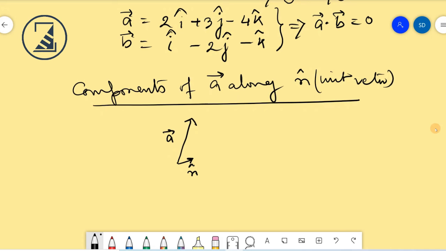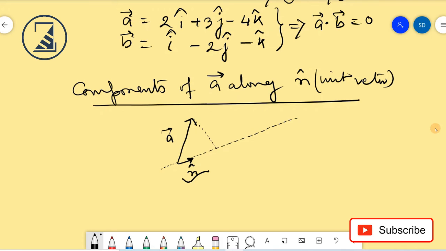This is the direction of our n cap. So the component of a along n cap is nothing but this distance.